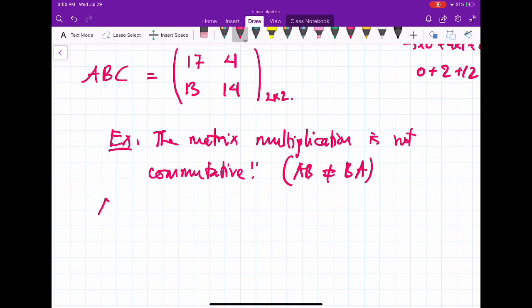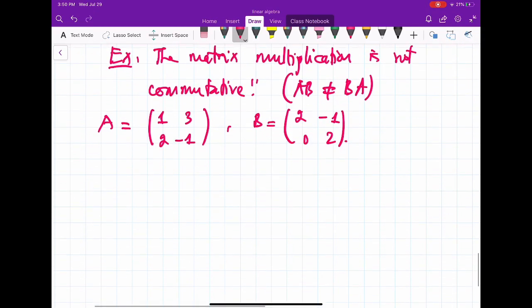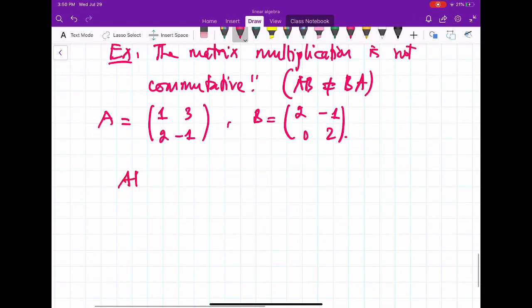Anyway, let's consider the following one. A is 1, 3, 2, -1, and B is 2, -1, 0, and 2. So let's compute AB. That is the first row with the first column in here.